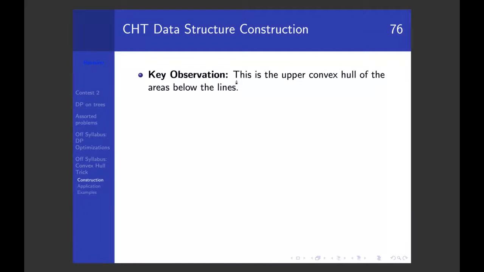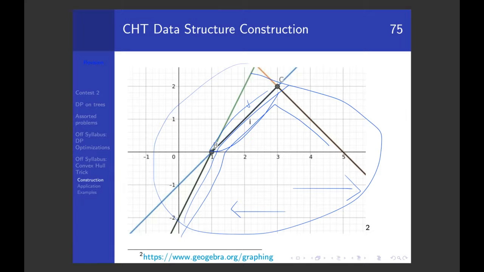Key observations. This is the upper convex hull of the areas below the lines. That's just math speak for this structure here.